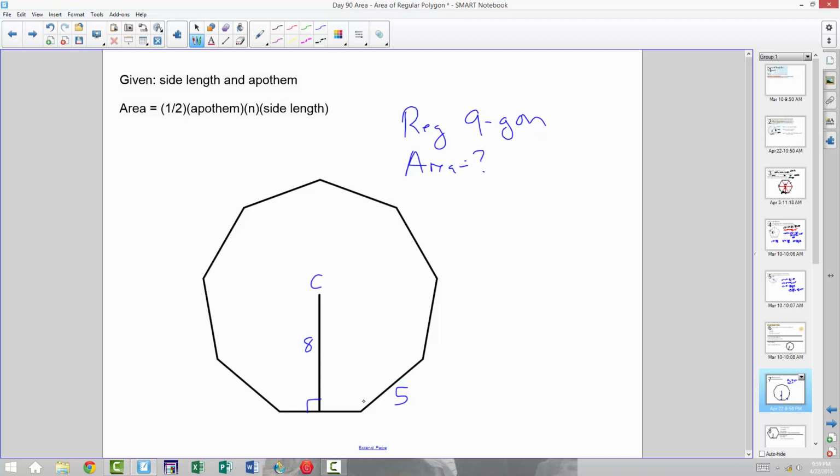So my area is equal to half times the apothem. The apothem is 8 because it goes from the center of the circle to a side perpendicular. Number of sides, nonagon, is 9 times my side length, 5. So it's a half times 8 times 9 times 5, which is 180. So my area of this example is 180 units squared.